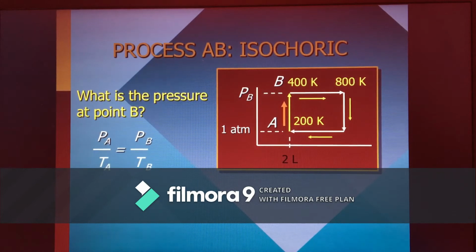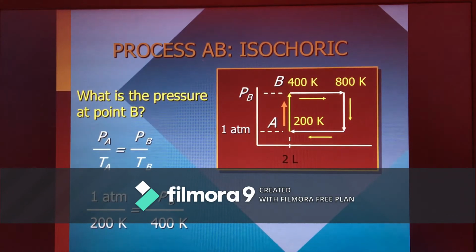Substituting the given values, we have the pressure at point A, that is 1 atmosphere, and the temperature at point A is 200 degrees Kelvin, equal to the pressure at point B divided by the temperature at point B, which is 400 degrees Kelvin.